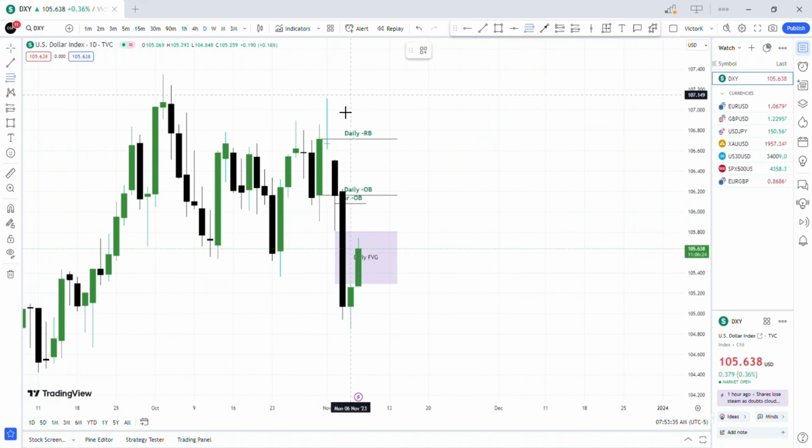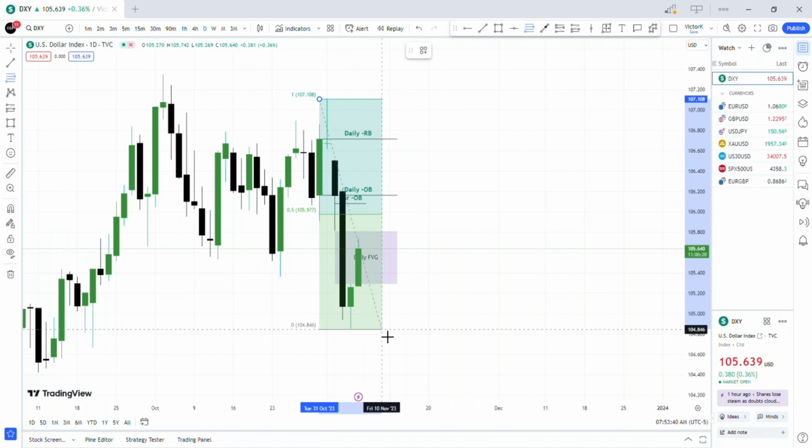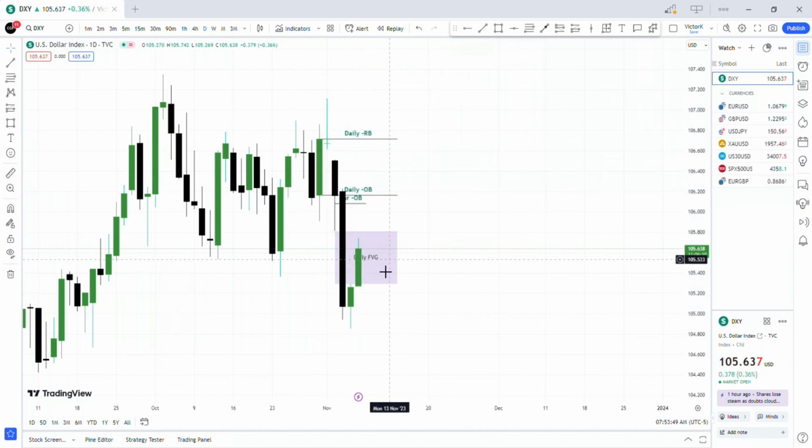If we look at this equilibrium tool here, it is this higher area up here where we must look for our sell opportunities. That's why I'm not really interested in this daily fair value gap right now. Let me just leave it in there for now.